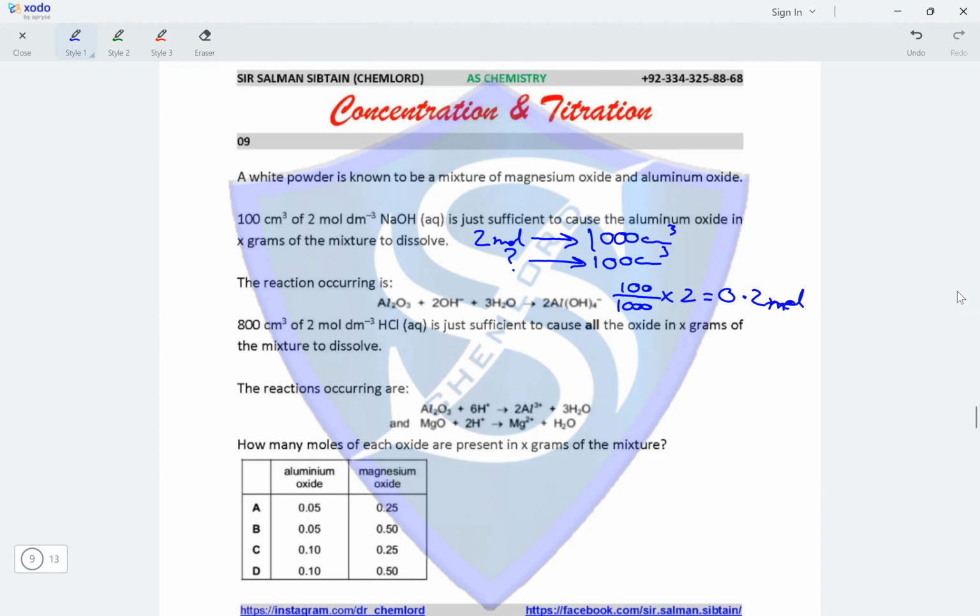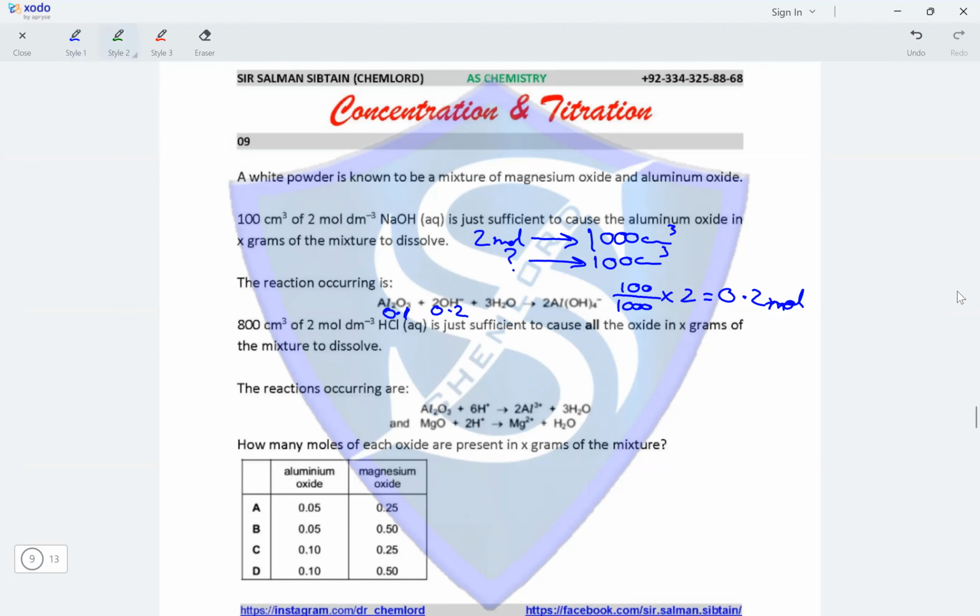So according to the given equation, if the moles of NaOH is 0.2, the molar ratio of Al2O3 to OH negative ions is 1 to 2. So that makes moles of Al2O3 as 0.1, which means the moles of Al2O3 present in the mixture are 0.1 moles. Okay, this completes step 1.